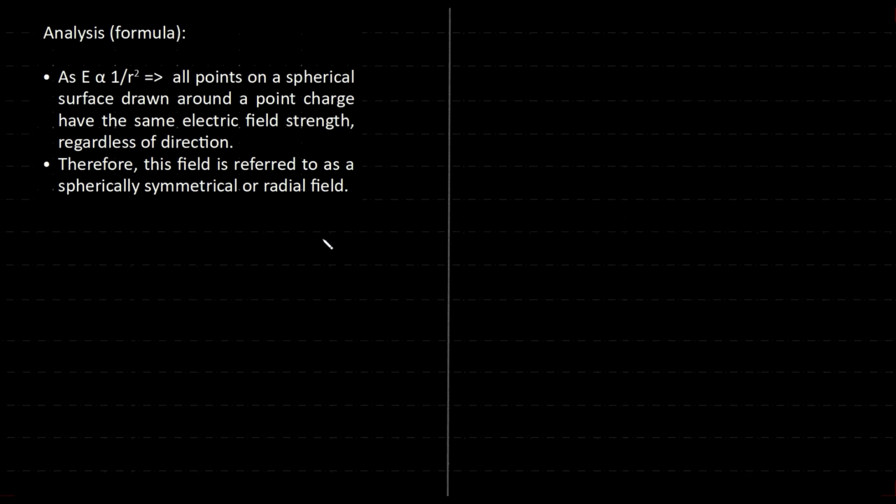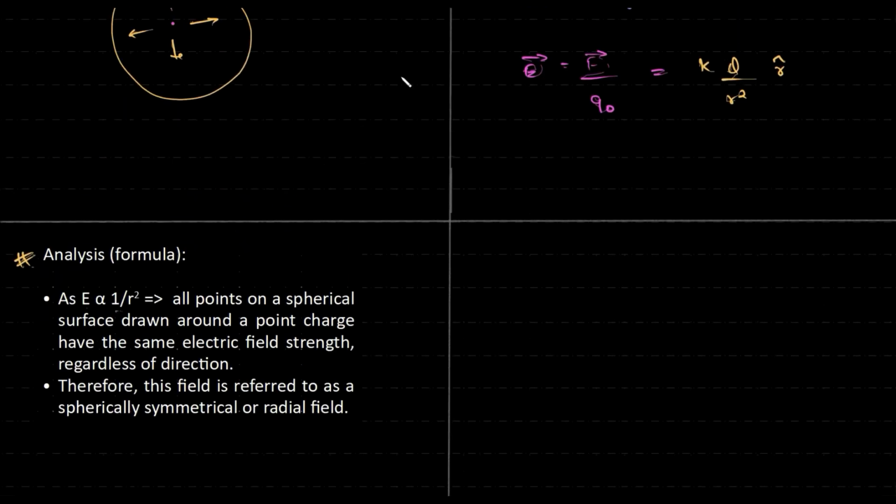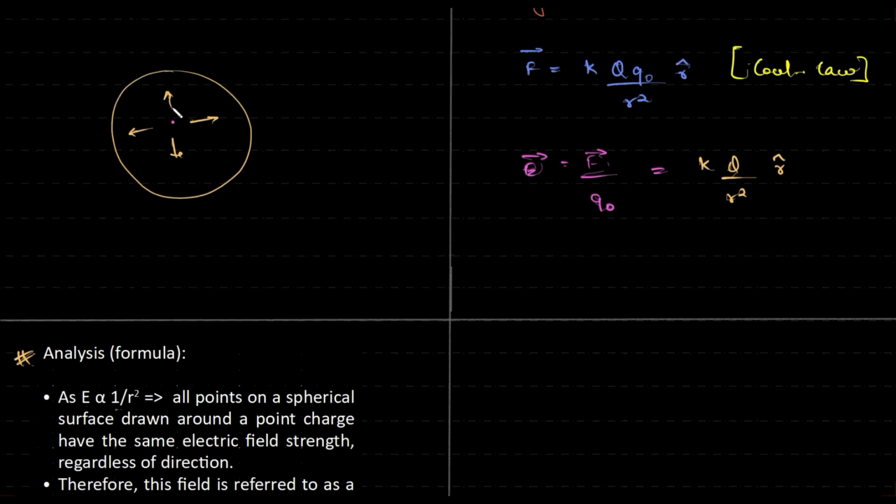So let's analyze this. Again, this is an official introduction. So that basic idea is just a statement that is in my head, right? Here in that formula, we can see that E is inversely proportional to the square of the distance. So all points on a spherical surface drawn around a point charge have the same electrical field strength regardless of direction. What it means is, if I take a point charge and draw a sphere, on that sphere the magnitude of the electrical field will be the same.